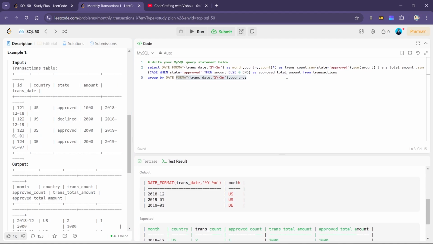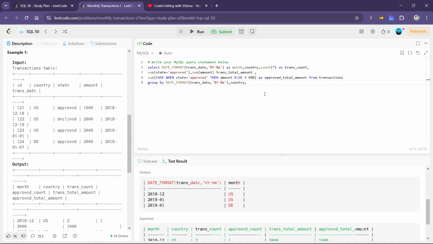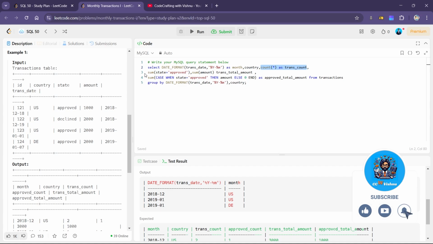So let me explain this query again. Let me format this properly. So here, first you select the month, then you select the country, then you select all the rows in the group as transaction count, then you select the sum of all the entries where the state is approved. So this is approved count.